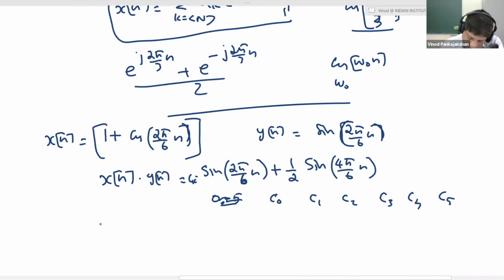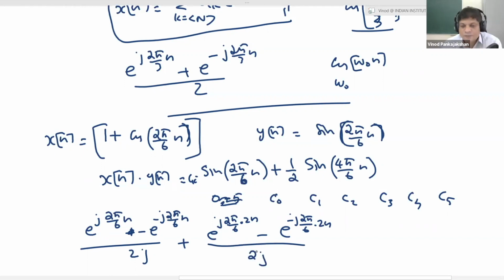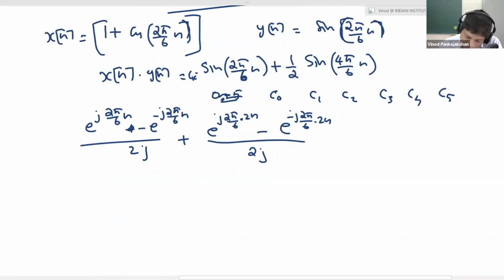You can expand this. This is e to the power j 2 pi by 6 n, minus e to the power minus j 2 pi by 6 n, divided by 2j, plus e to the power j 2 pi by 6 into 2n, minus e to the power minus j 2 pi by 6 into 2n. Now tell me what are these values? What is c0? c0 is 0.